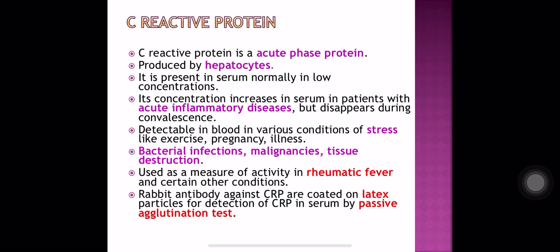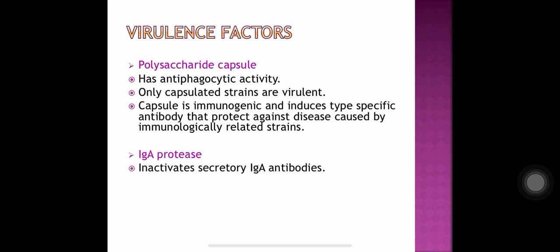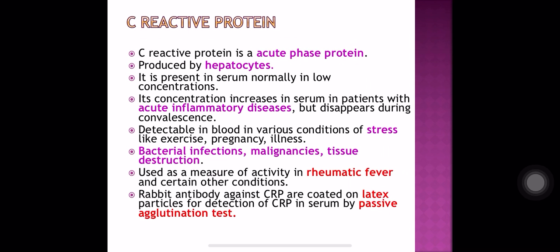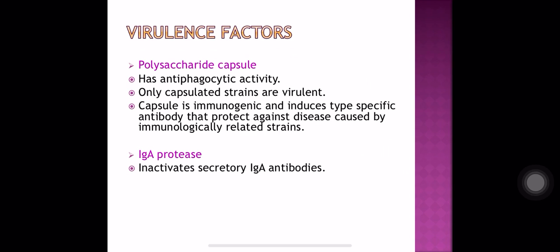The CRP test has also been used for coronavirus infection as a prognostic marker. The C-reactive protein test can be done as a latex agglutination test. CRP test done by latex agglutination method.